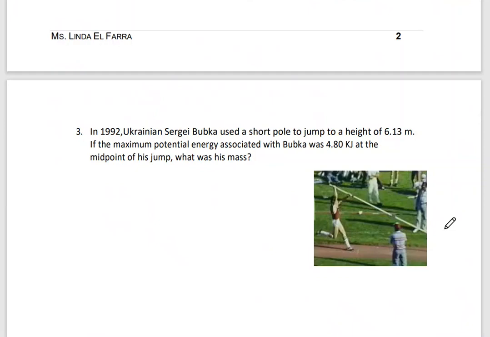If the maximum potential energy associated with Bubka was, so I have here the gravitational potential energy, 4.8 kilojoule. Kilo equals times 10 to the power 3 joule. This is the gravitational potential energy.